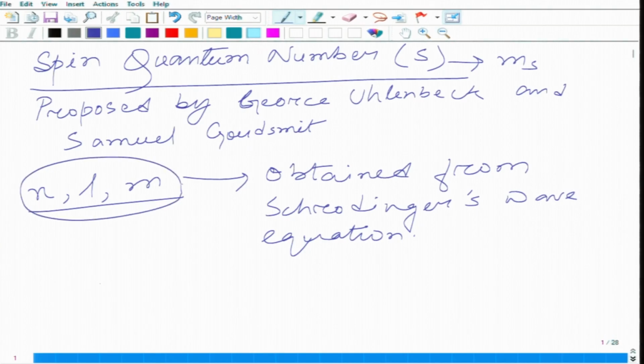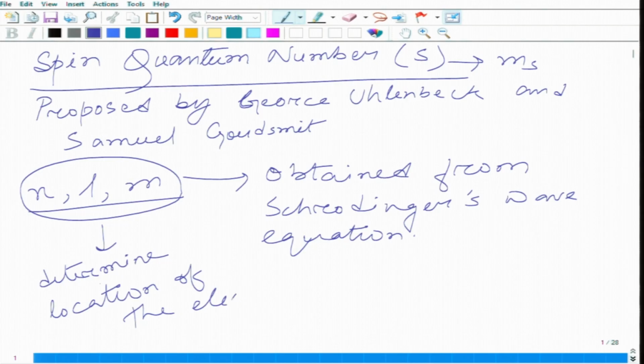Now, these three quantum numbers determine the location of the electron. But it was later observed that a few more energy levels should be there because the line spectra had some finer structures which were not explained.